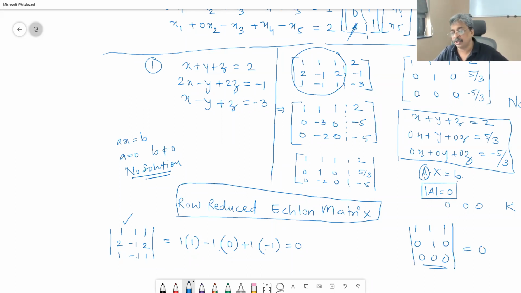Because if you expand using the last row, of course every multiplication is going to be 0, and that is what is happening here. The last row is 0, 0, 0 and non-zero. However, if we could adjust some numbers, I think we should make this as minus 2, which means this is 2.